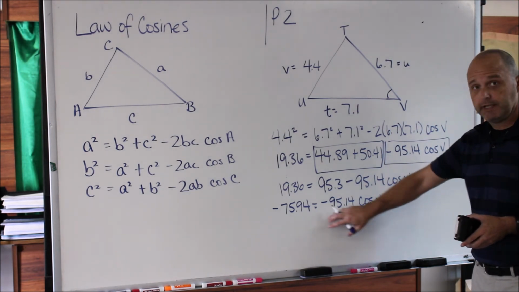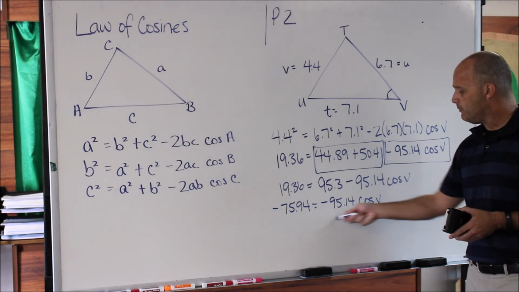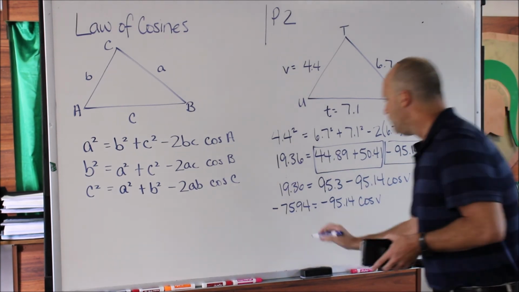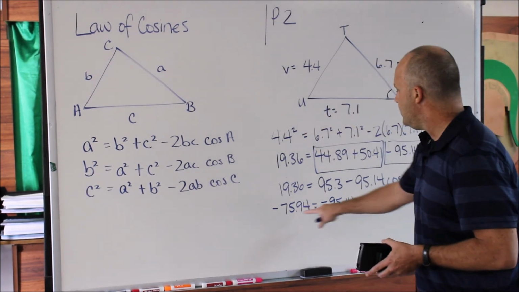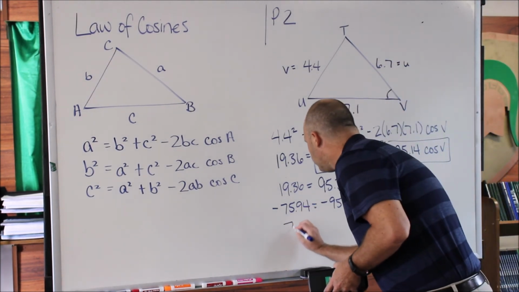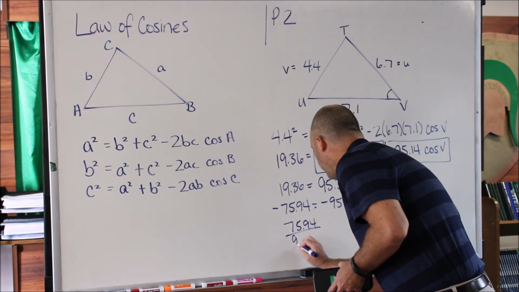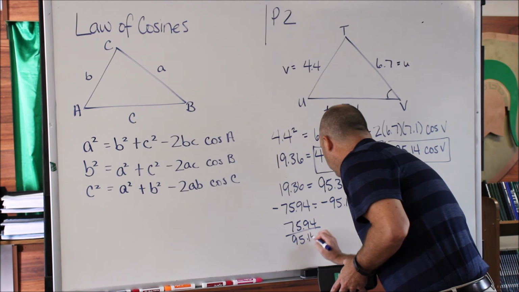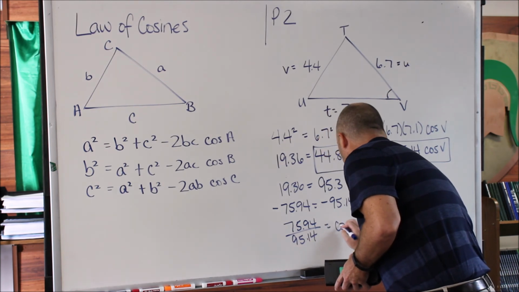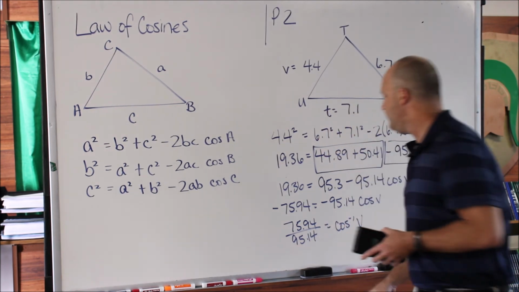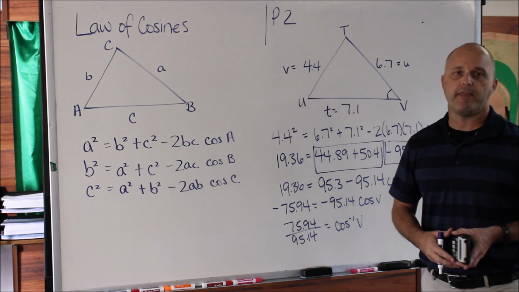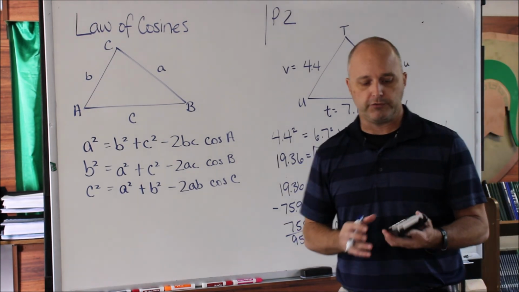Since this is multiplication, we're going to remove this through division. Since it's a negative divided by a negative, the new problem is 75.94 over 95.14, and that's equal to the cosine of V. In order to find that angle, we have to do the inverse cosine.